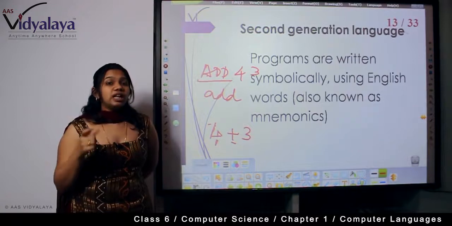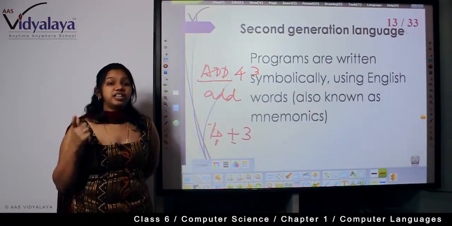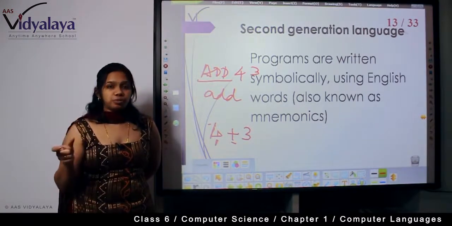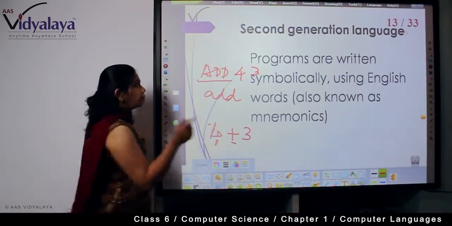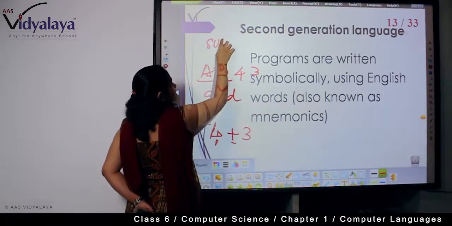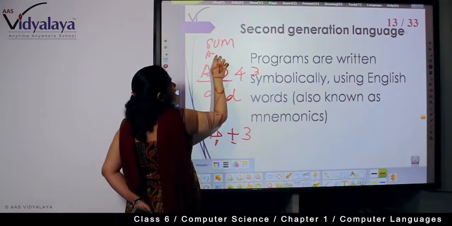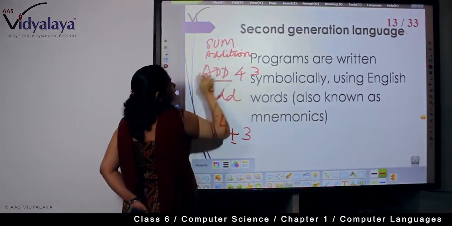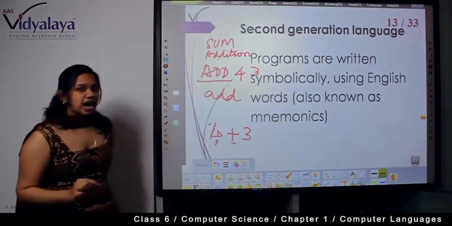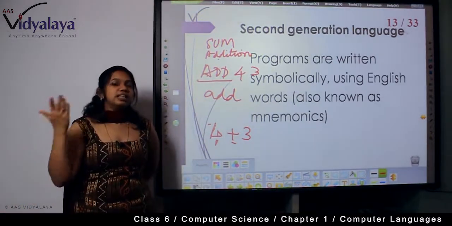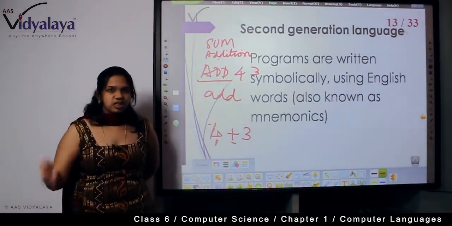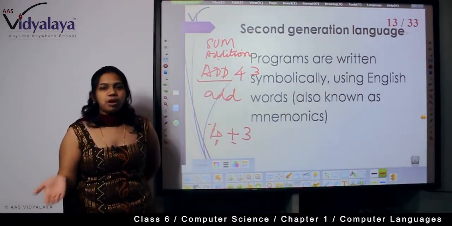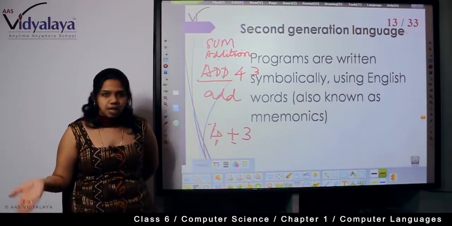No. You call this operation either addition or sum of numbers. Am I right? Yes. Because usually you call them sum or addition of numbers. Am I correct? Yes. But why are we using this ADD?